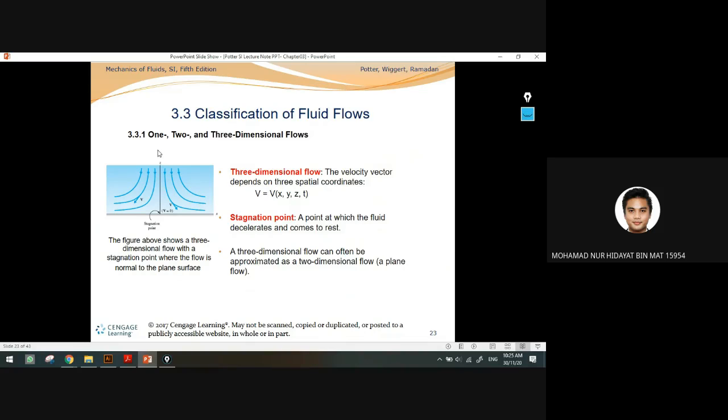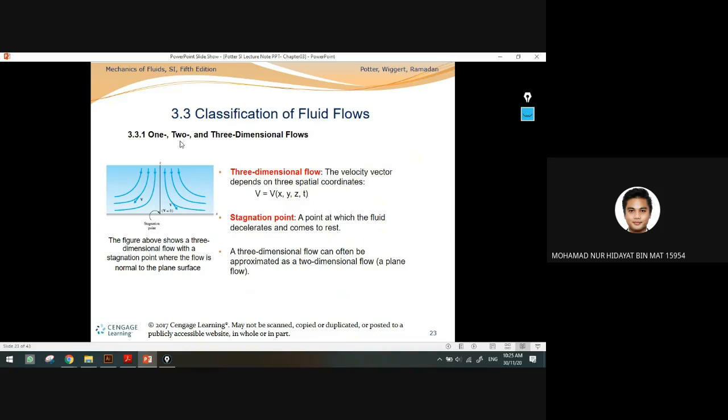So, in the classification of fluid flow, previously we learned about the types of fluid description. Next, we learn about classes. There are many classifications of fluid flow. When we talk about flow, there are many dimensions. We have 1, 2, and 3 dimensional flow. When we talk about 1, it involves one space coordinate, which is x.